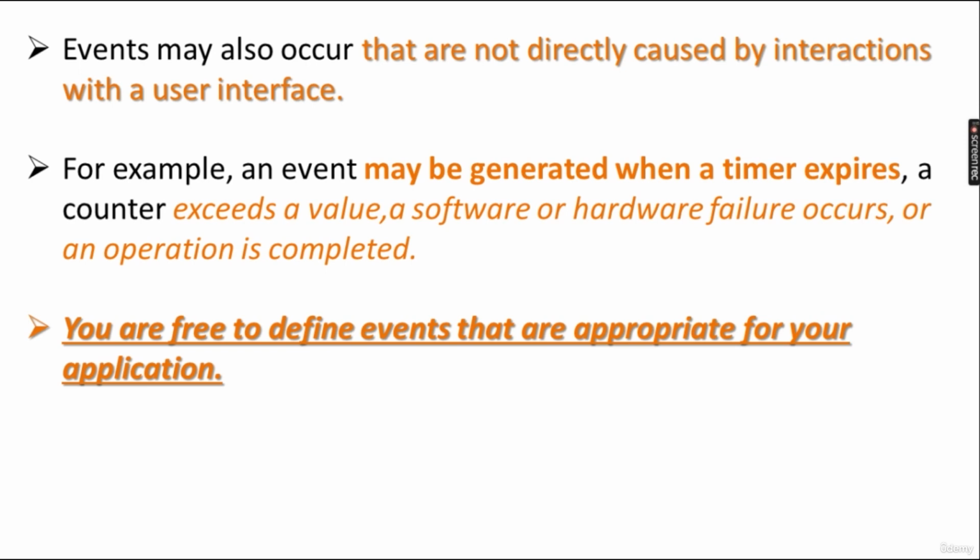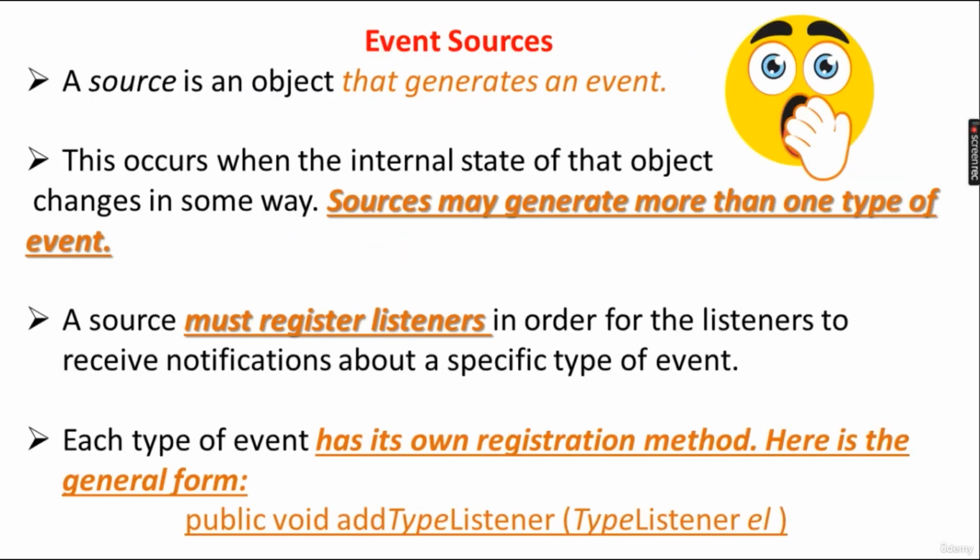For example, an event may be generated when a timer expires, a counter exceeds a value, a software or hardware failure occurs, or an operation is completed, like a download operation. All this does not include a graphical user interface, and here also some event is occurring. You are free to define events that are appropriate for your application and your needs. So you can define your own events.